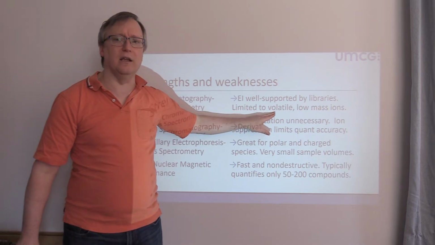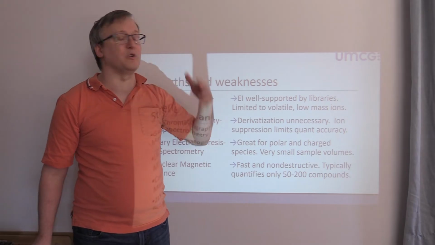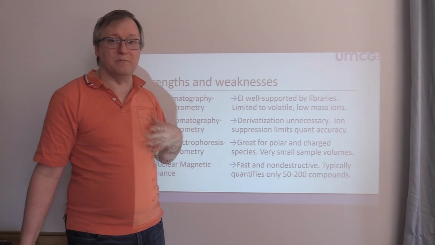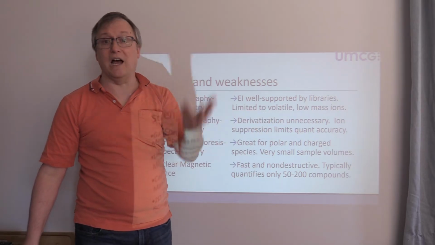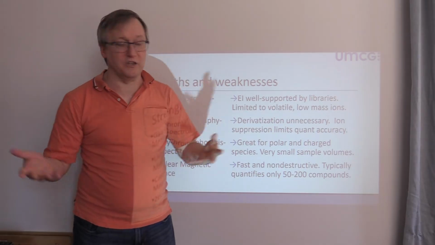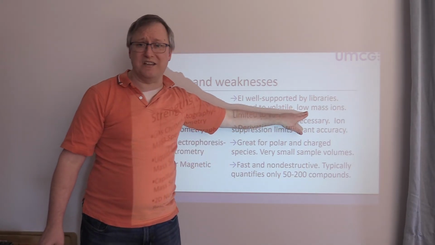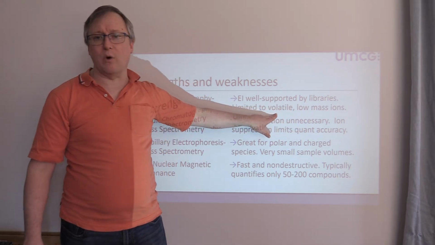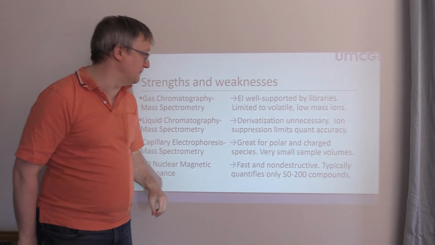But generally speaking, you're going to have to use some sort of derivatization to cause many molecules to be volatile enough that they can be ionized by electron impact and separated in GC as well. So generally speaking, we've got relatively low mass ions that often require some sort of derivatization to make them volatile, to put them into gas phase.